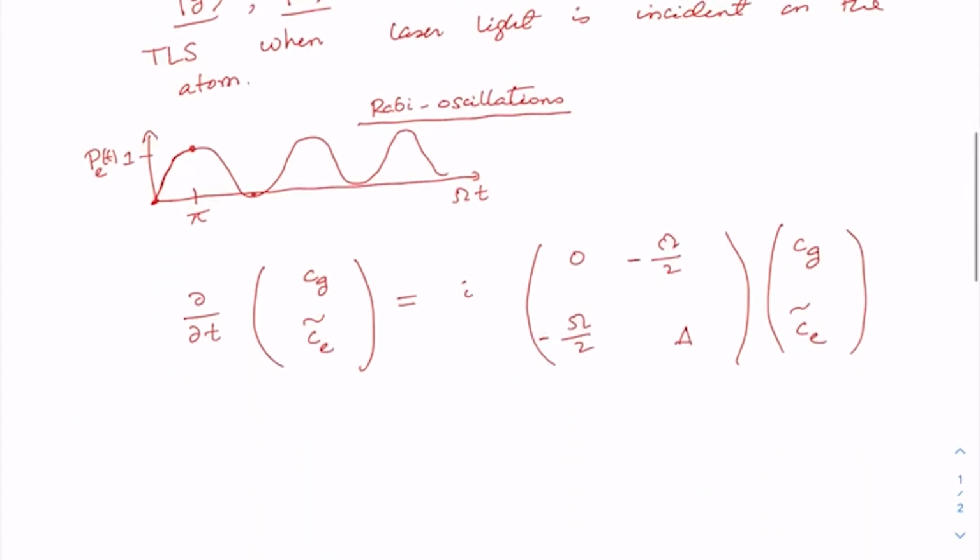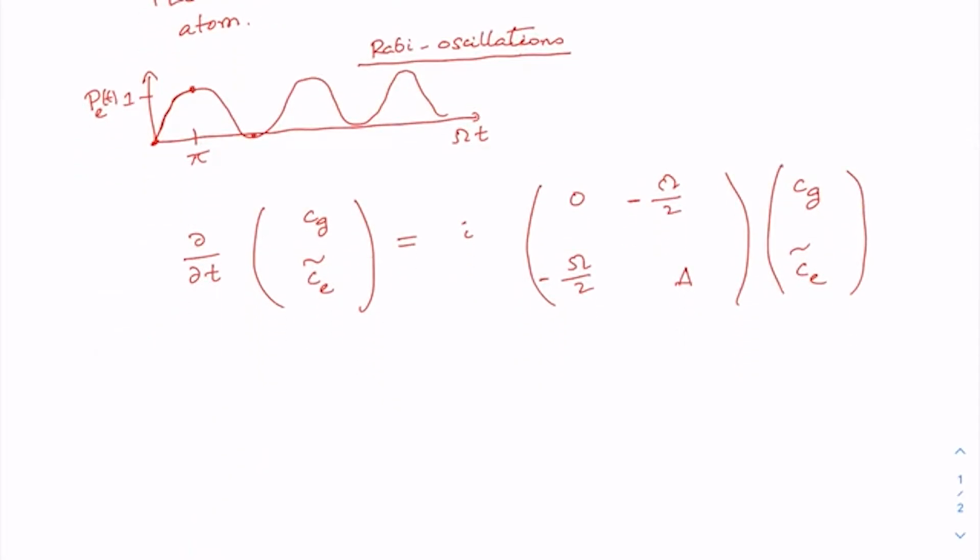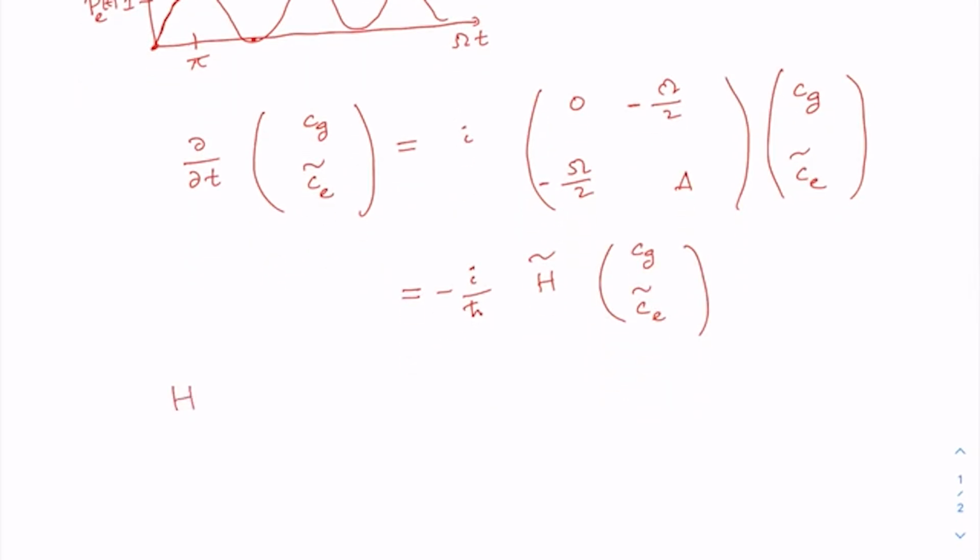Or in other words, I can also write it as minus i by h cross H tilde acting on (Cg tilde, Ce tilde), where H tilde is the effective Hamiltonian, H tilde equal to h cross times the matrix 0, omega by 2, omega by 2, and minus delta.